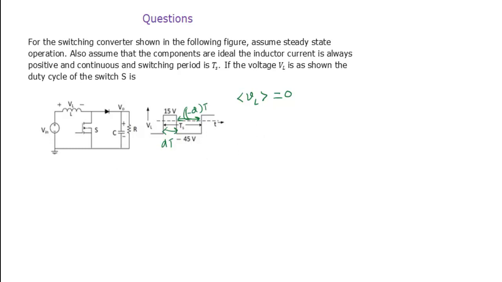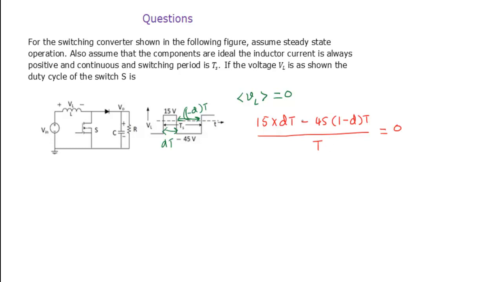The area under this curve is 15 multiplied by dT, plus, but here it is a negative area, that's why you take minus, 45 into (1 minus d)T, whole divided by the time period T, equal to 0.